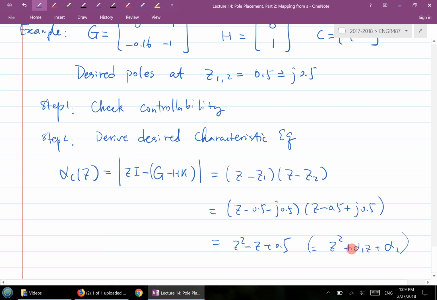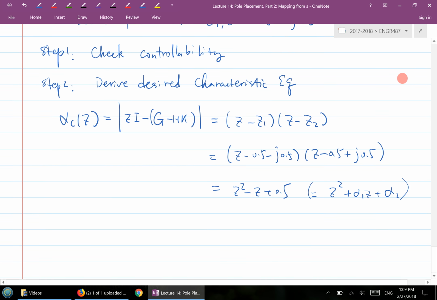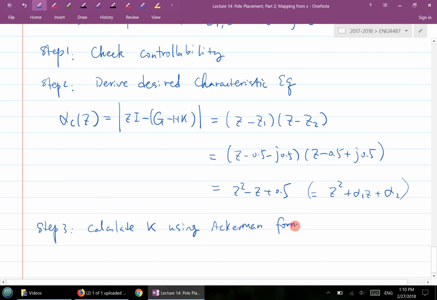This is not necessary. As long as you get to here and know what alpha C of Z is, that's okay. So then step 3: we can calculate this gain matrix K using the Ackermann formula.